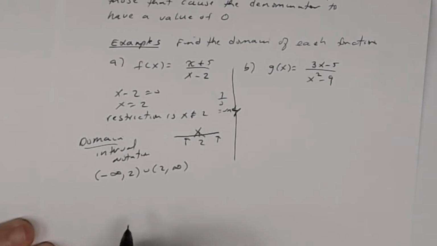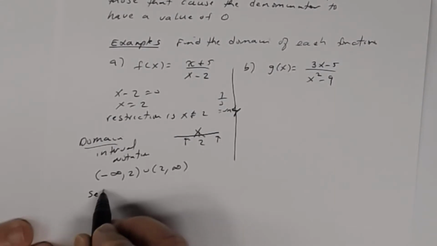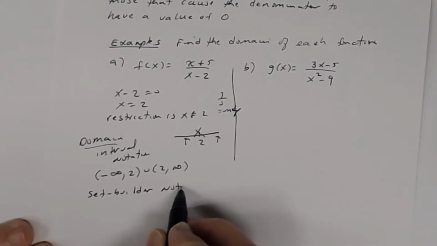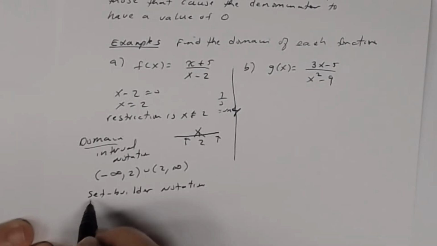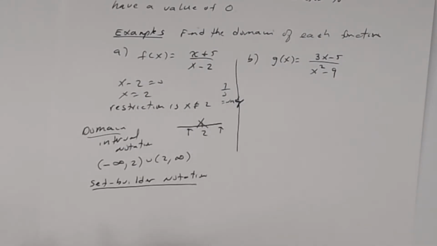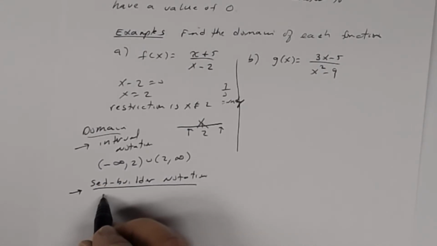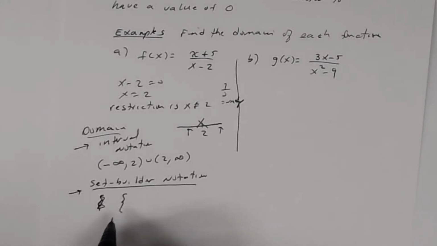Now, I want you to know something about set builder notation. Sometimes in my math lab, on a worksheet, or on a test, you may be asked to write this in set builder notation. In other words, just write it as a set instead of interval notation. You're going to use your little braces like this.